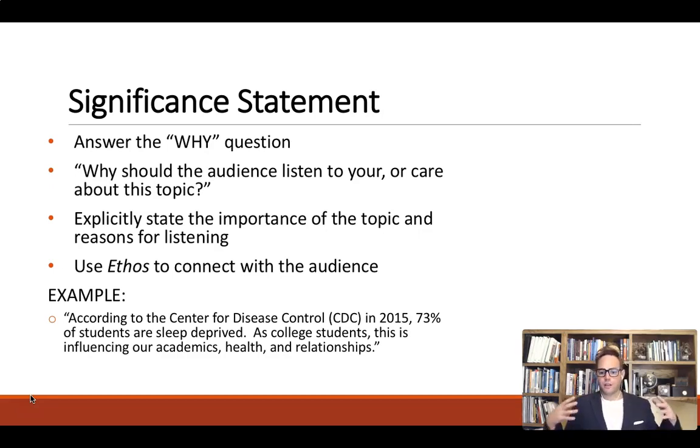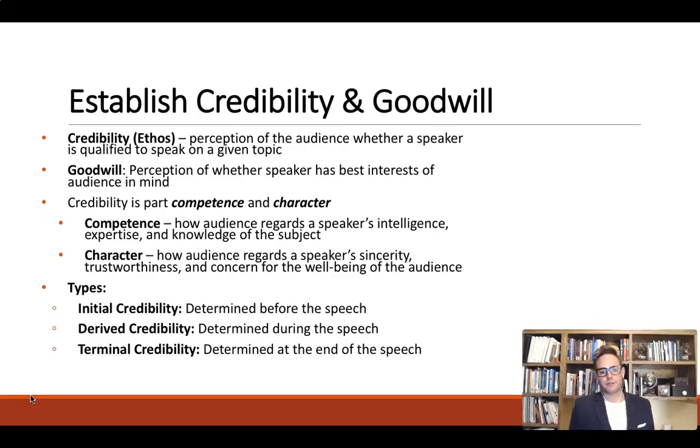So, if research is showing that the majority of us are sleep deprived and it's influencing our academics, our health, and our relationships, you better believe that I want to know more about this topic, because I still want to get A's. I don't want to die. I want to be in good health, and I don't want my relationships to crumble. So naturally, I'm going to be invested in this topic.